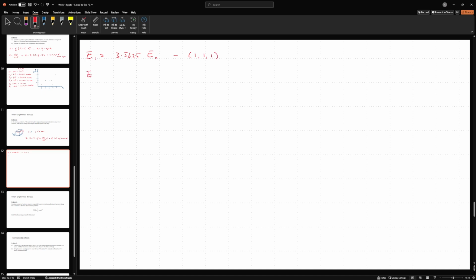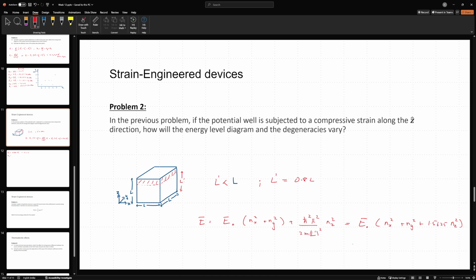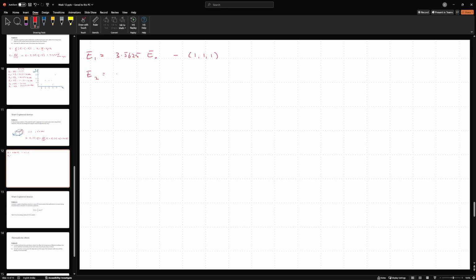And the second lowest energy level, remember that increasing nz by 1 will actually cause a greater increase in the energy level. So nx equal to 2 and ny equal to 2 is the choice that is available to us. So that is going to become 6.5625 E naught, which corresponds to 2, comma 1, comma 1 plus one other configuration, which is essentially 1, comma 2, comma 1.